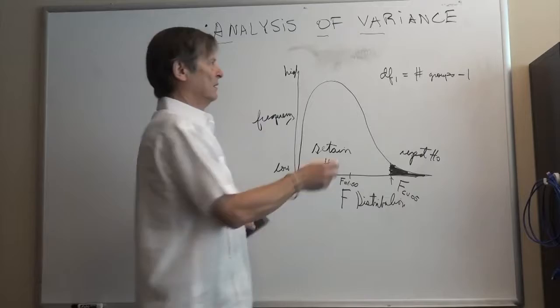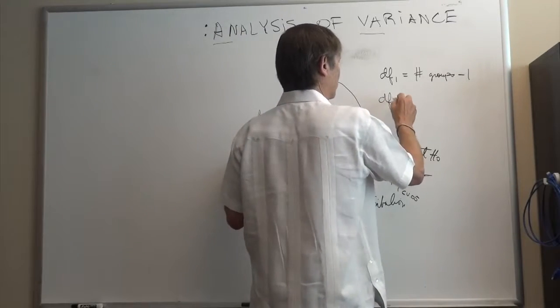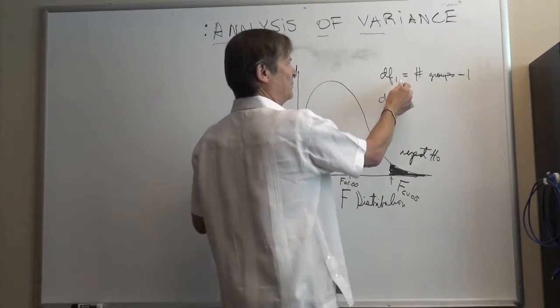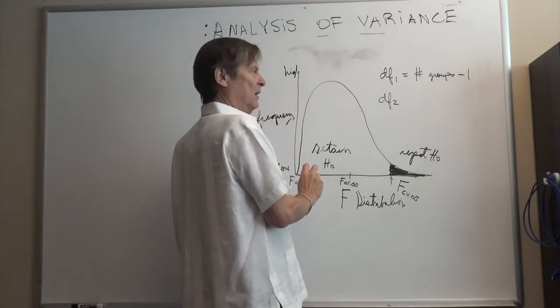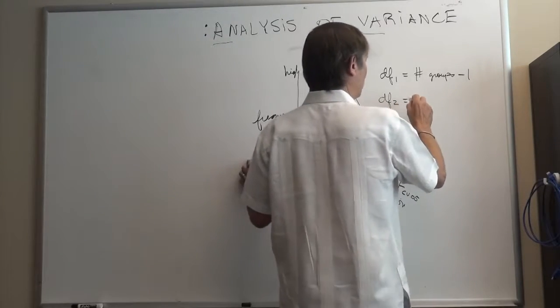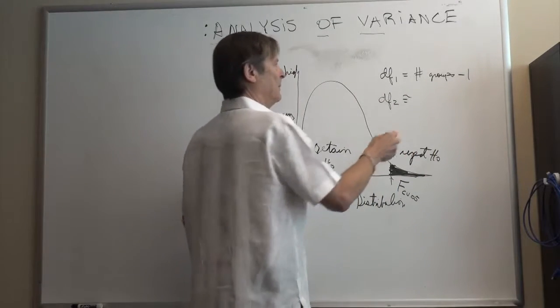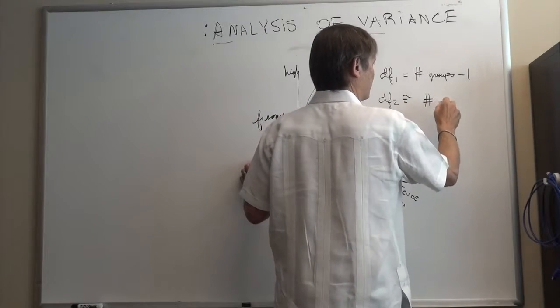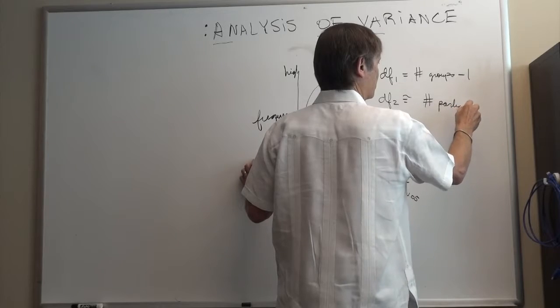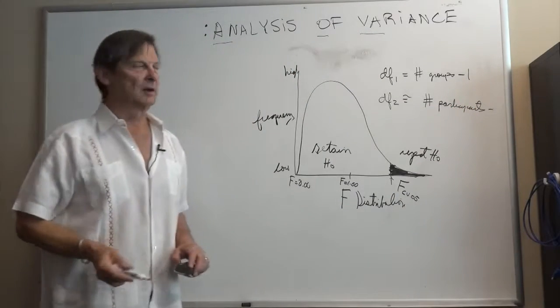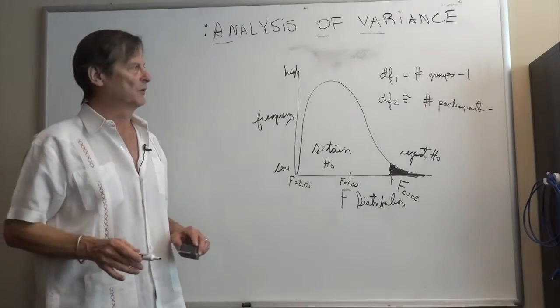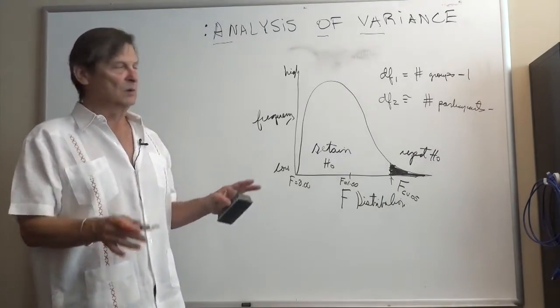The second degree of freedom that we're going to need is df2, and sometimes they call this the numerator degrees of freedom, sometimes the denominator degrees of freedom. And this is going to be roughly, approximately, the total number of participants minus a few things, but you can look in the book for that part. So roughly the 2 degrees of freedom.